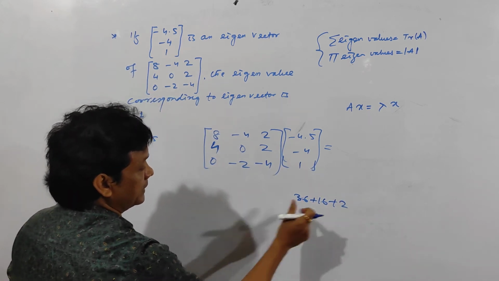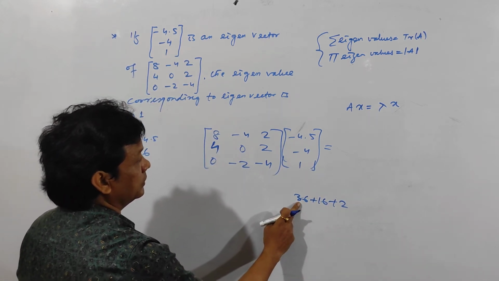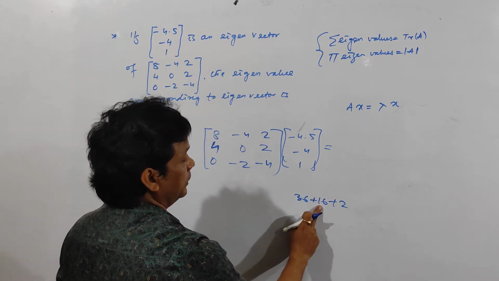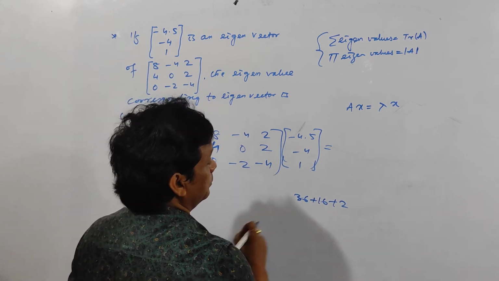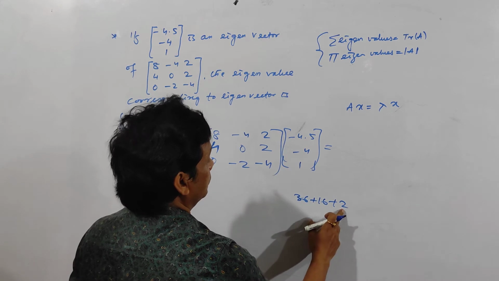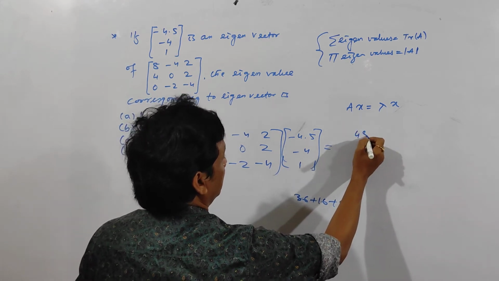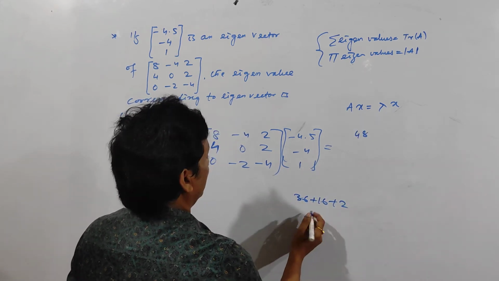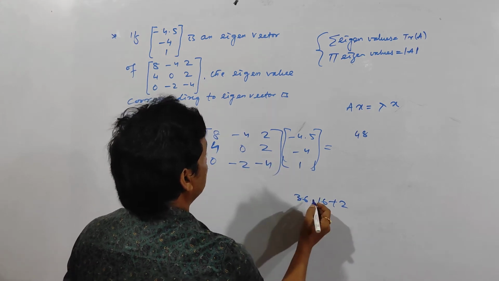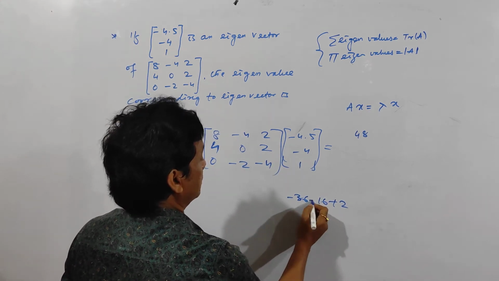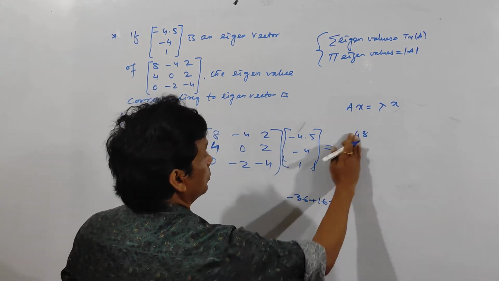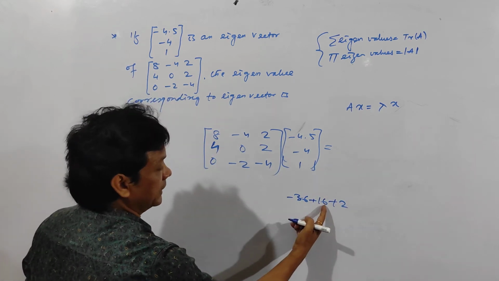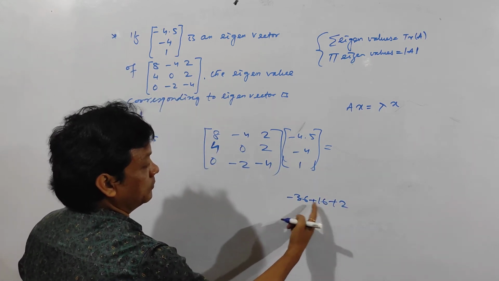Then the answer is 30, 40, 46, 48. It will be minus 36, minus is there, so not 48. Minus 36 plus 36. It is minus 20 plus 2.